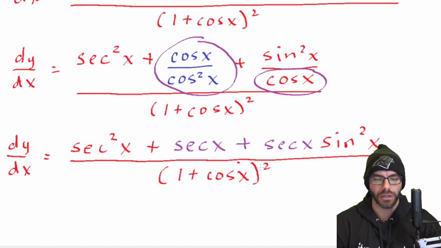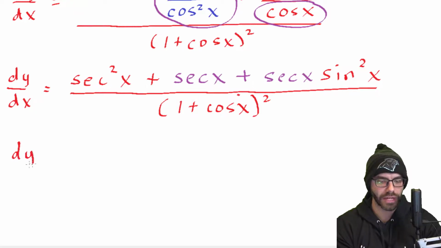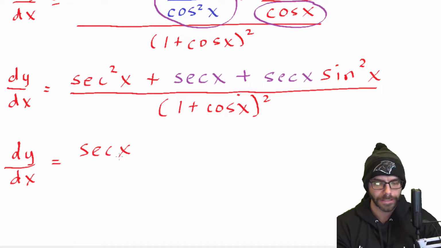All right, and now let's keep scrolling. So now all those terms share a secant. So I could actually factor a secant out of those 3 terms in the numerator and have secant x factored out. And so here, if I factor 1 secant out, there'd be 1 left. So this would be a secant x.